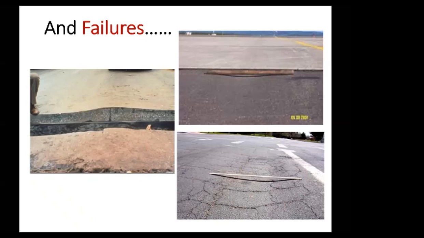So while we can seal a crack quickly on the road or fix a pothole on the road, in a runway it's much more complicated and much more costly to have a mistake done. But these failures happen, and what you're seeing on the screen now are 3 different pictures showing rutting in the asphalt layer.